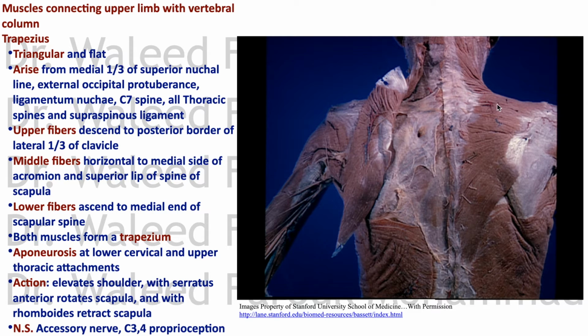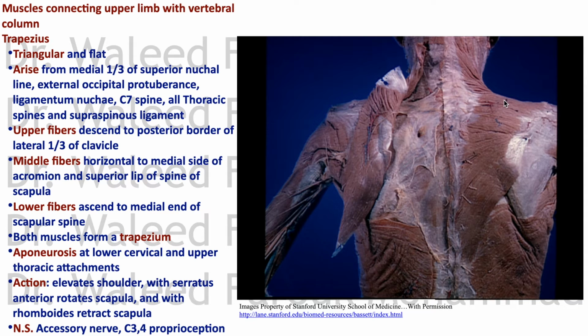The middle fibers are horizontal to the medial side of the acromion and superior lip of the spine of the scapula. The lower fibers, or the ascending fibers, go to the medial end of the scapular spine. So these are the lower fibers, the middle fibers, and the upper fibers.